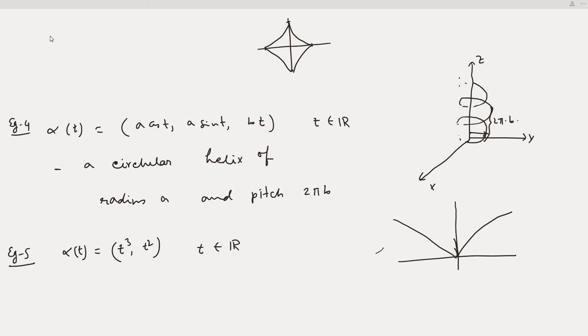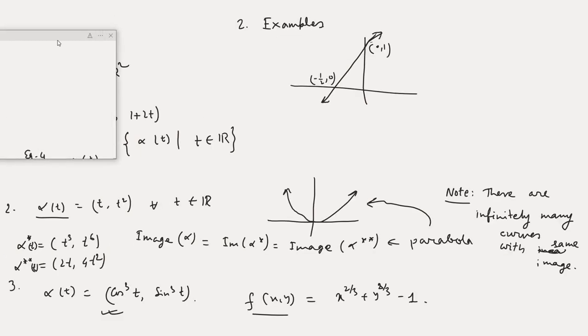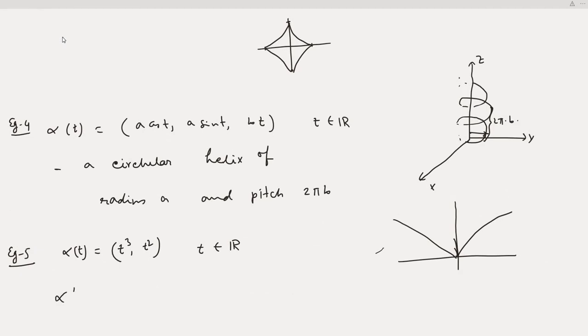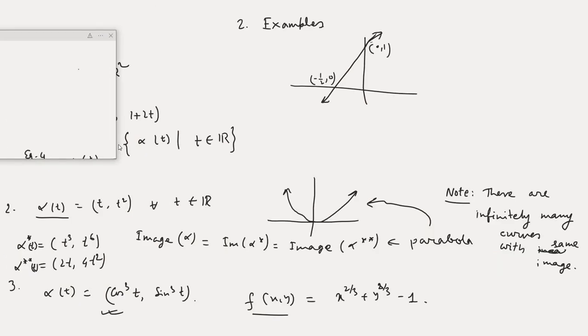Well, in this example, one can see that alpha prime of 0 equals (0, 0). This is a differentiable curve, but the derivative of alpha at the point 0 is equal to 0. This is a bad point, the point where the derivative is 0.